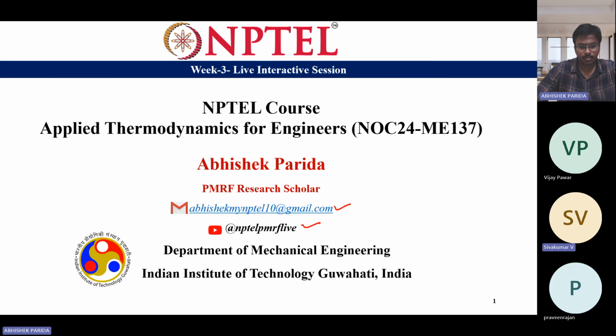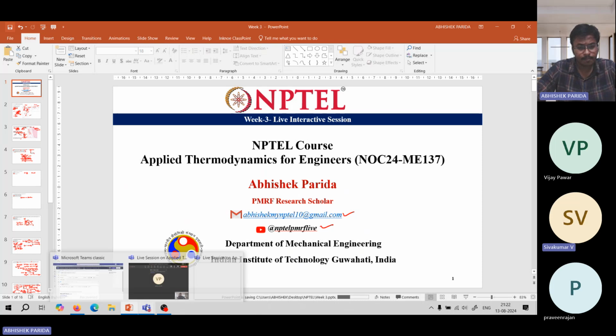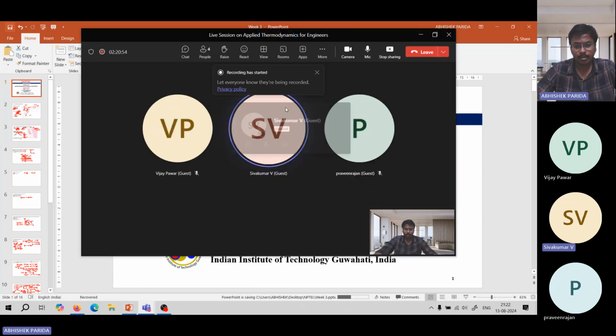In assignment 2, the first question itself, isothermal compressibility: as per the definition, minus 1 by specific volume into change in volume by change in pressure at constant temperature, I chose that as my final answer, but it is marked wrong. The accepted answer says minus specific volume into dou P by dou V at constant temperature.